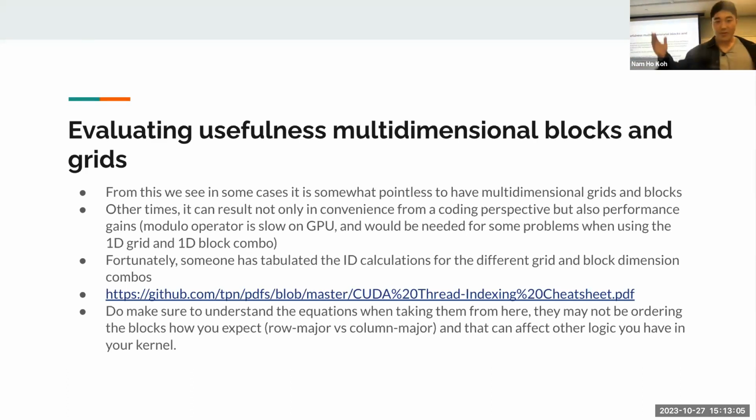So just to sum everything up, we evaluate the usefulness of a multi-dimensional block and grid because it offers you faster operations and prevents you from doing modulus operations. In some cases it's pointless to have a multi-dimensional grid, but in other cases, we saw that it isn't. And here's a cheat sheet that I added. It gives you all the different thread indexing calculations that'll be quite helpful at a glance.